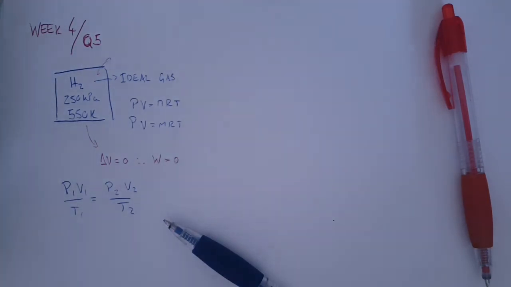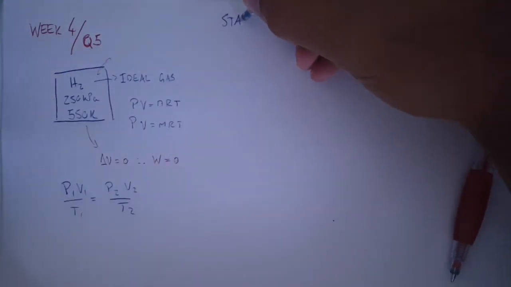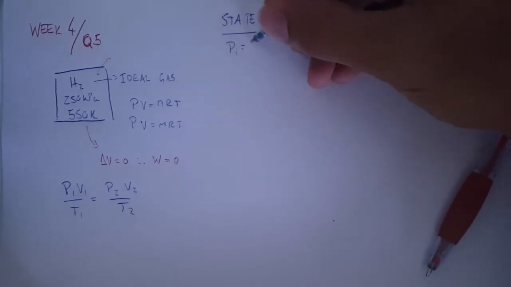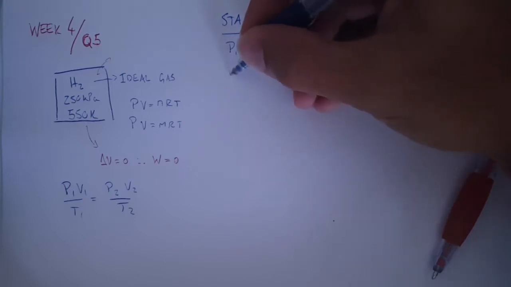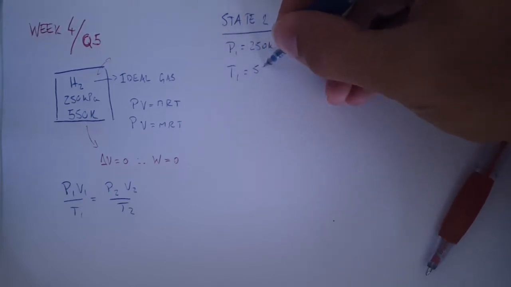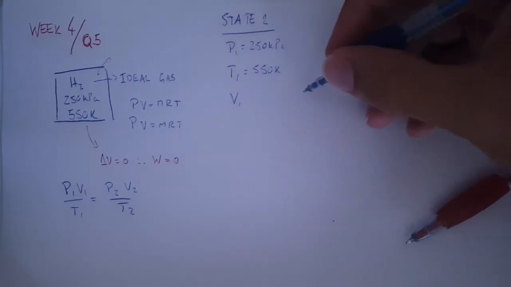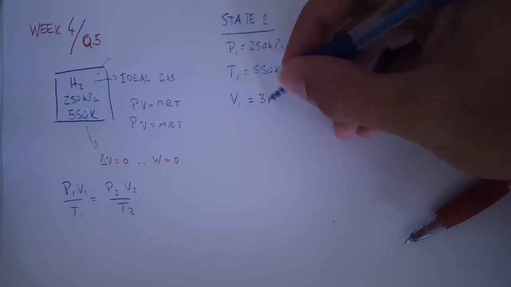Well, rigid tank, the volume, what do we know? State 1, let's put it down here. State 1 is P1 equals 250 kilopascals, T1 equals 550 Kelvin, and V1 we don't know. Oh, we do actually, because it's a 3 meter cube tank, right?